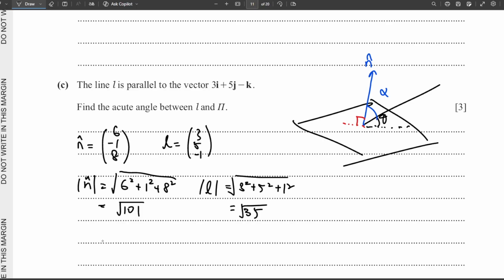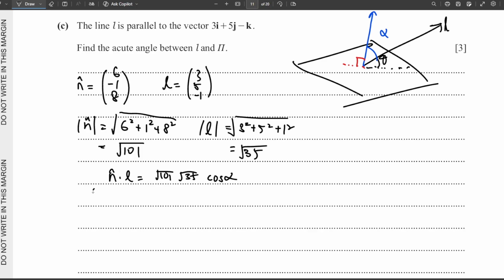Now we can use the formula: N dot L equals root 101 times root 35 times cosine alpha, because it's not theta yet, it's just the alpha between N and the line L. We also need to use this column vector here so that we have something to equate.